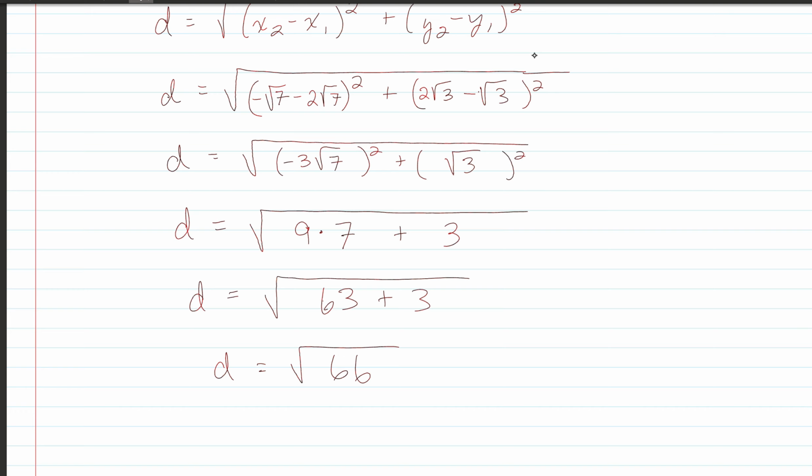For instance, can the square root of 4 go into 66, or the square root of 9, or the square root of 16, or the square root of 25, or the square root of 36? None of those go evenly into 66. Therefore, I can't break this down, and this is my final answer. The distance is the square root of 66.